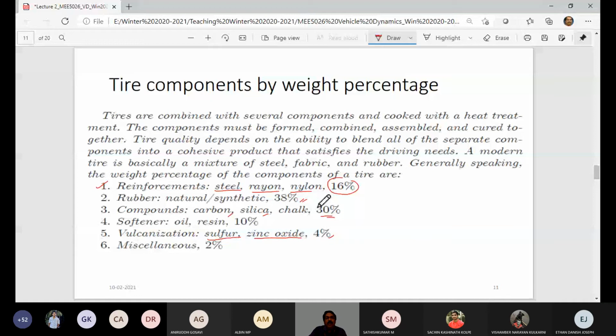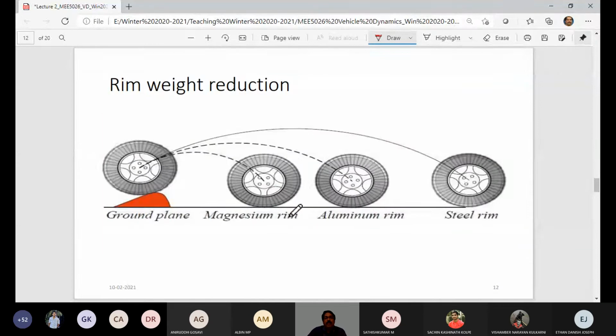And then rim weight reduction is another important topic nowadays. So if you look at it, you have vehicles with steel wheels and alloy wheels that we talk about. So what is the advantage? If your tire goes over a bump, you see that the rebound or the bounce is reduced, and then your vehicle jump will also be reduced. So a steel wheel would have more bounce compared to that of a magnesium rim or aluminum alloy wheels. So nowadays this is more preferred, and it's all because of the weight reduction that is possible.